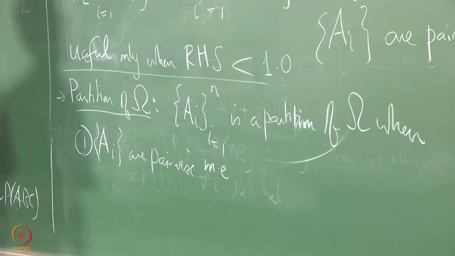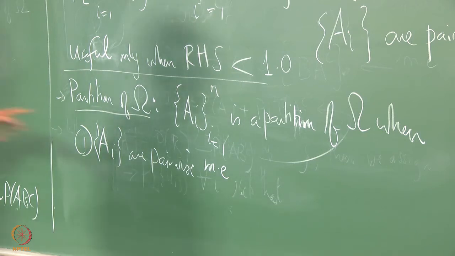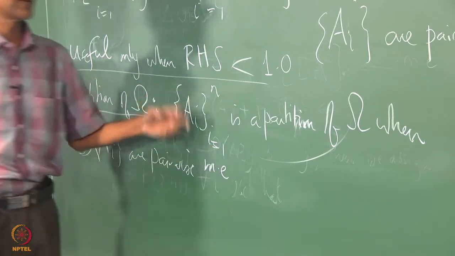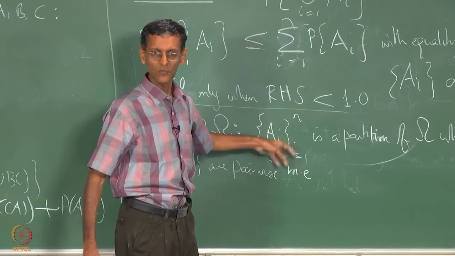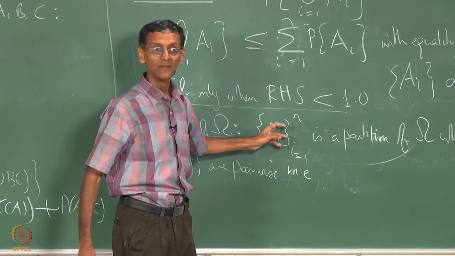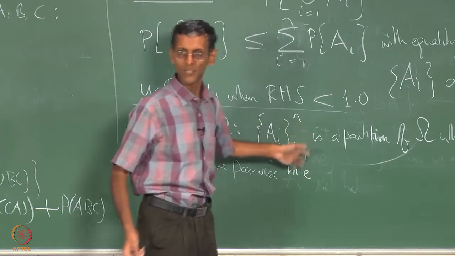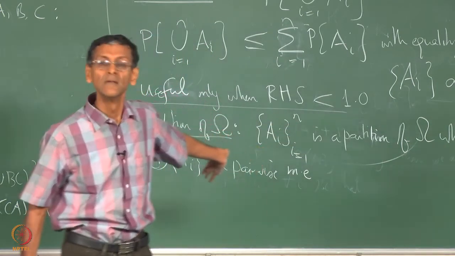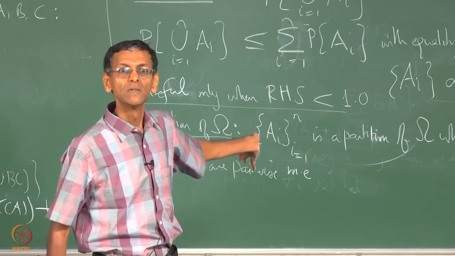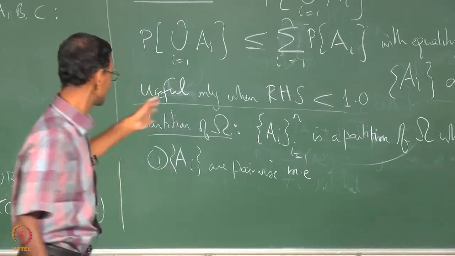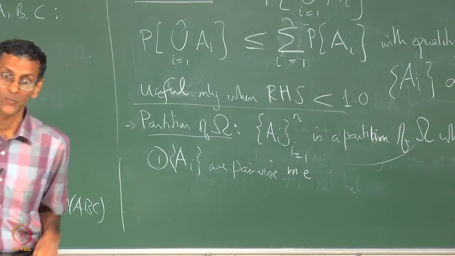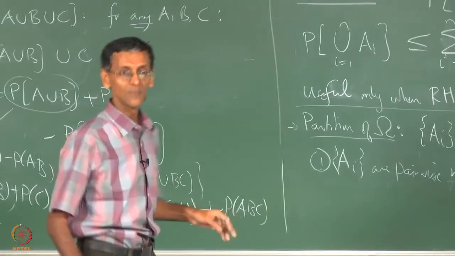That is, any pair of events out of this collection have to be mutually exclusive. By the way, this notation i equal to 1 to n, by now you have gotten used to it. It means just the entire collection A1, A2 up to An. It is a short form of writing, you can use this freely whenever you have such things to talk about. And I wish they would use this more often in the DSP course as well, but they do not use it, for whatever reason.